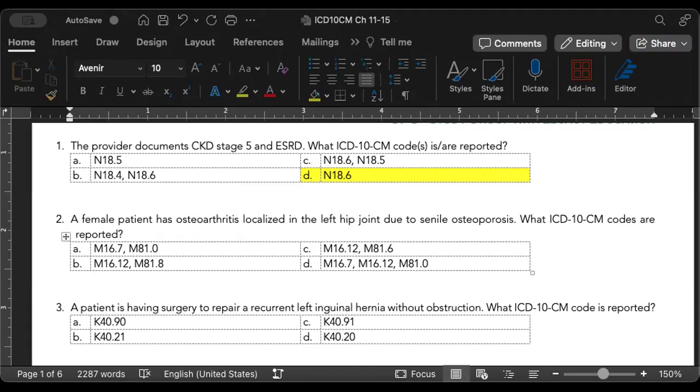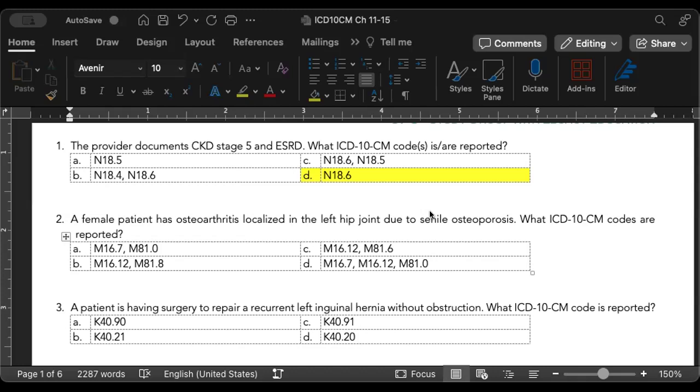Underneath osteoarthritis, we will go to secondary, because our osteoarthritis is due to senile osteoporosis. So it's a secondary osteoarthritis. And then our anatomic location is the hip.